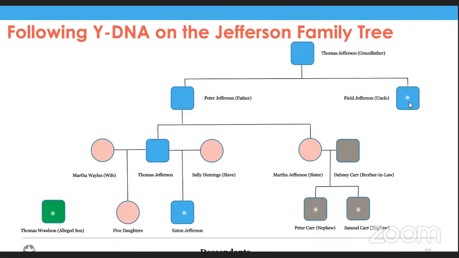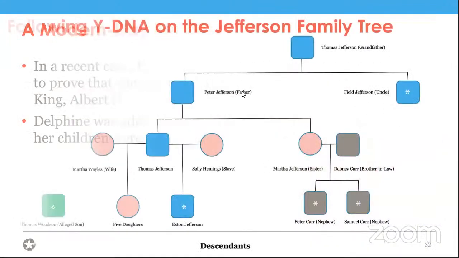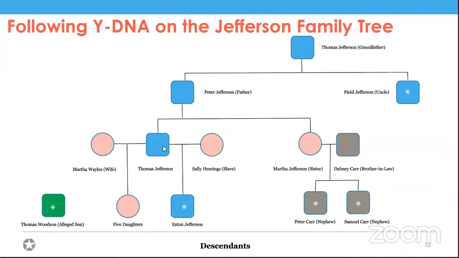And since they are all descended from the same Y DNA, they were able to test Field Jefferson, who would have the same exact Y DNA as Thomas Jefferson, because that's a carbon copy from father to son. So if it's following Thomas Jefferson, the grandfather, to Peter Jefferson and Field Jefferson, and then going down to Thomas Jefferson, that Y DNA is going to be the exact same.